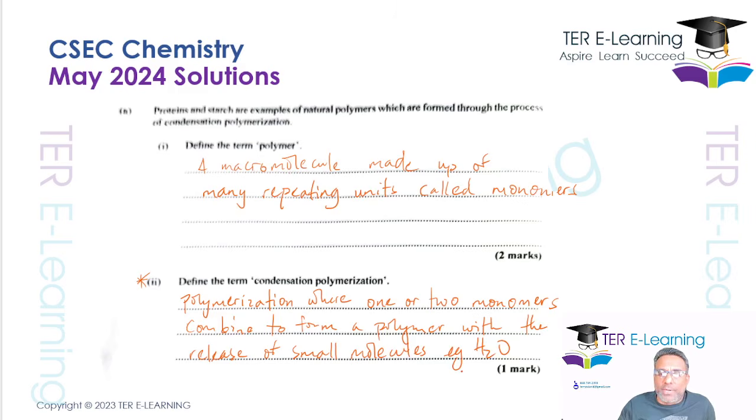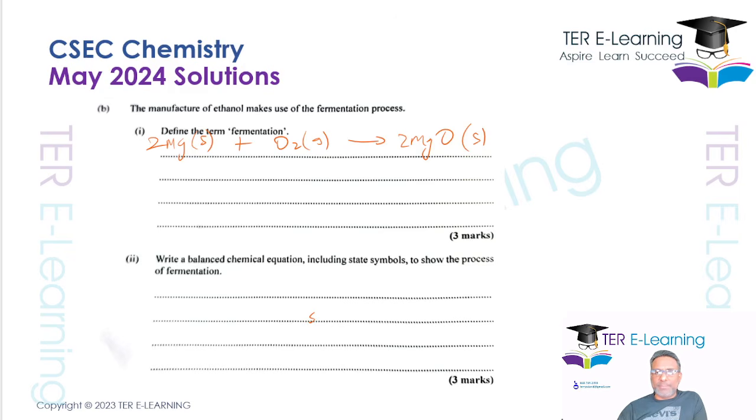So that's the condensation polymerization process we're talking about here. So 2 or more monomers combine, and in the process, we have small molecules being released. So that's part A.